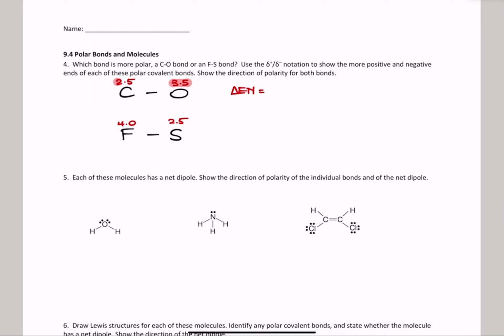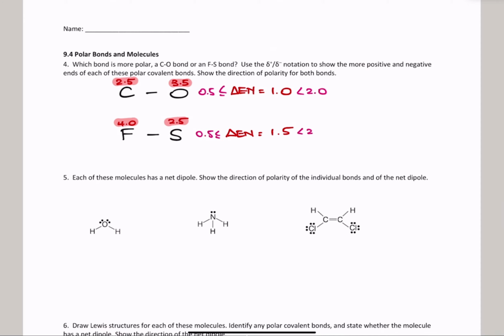So 3.5 minus 2.5 gives me 1.0. 4.0 minus 2.5 gives me 1.5. When you do your delta EN, it's the absolute value, so it's the greater EN minus the smaller EN. When we look at these two numbers, they're both greater than 0.5 and less than 2.0.